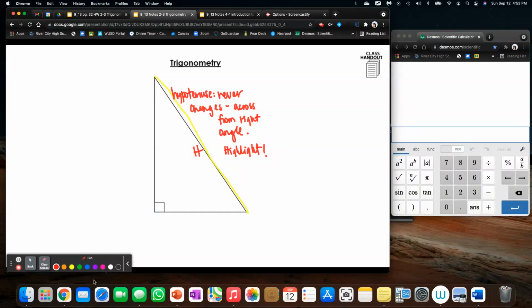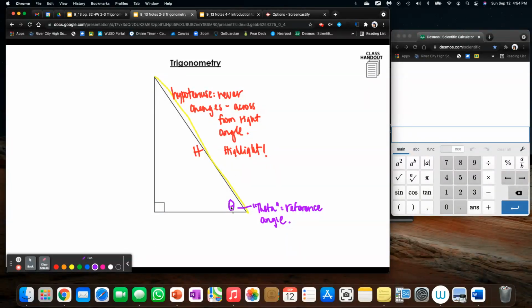Our other two sides are going to be determined based off of whatever angle we're looking at. That angle is called the reference angle, and we usually use the Greek symbol theta, which looks like a circle with a line through the middle. So this is theta, and this is a reference angle. It's like your reference point.